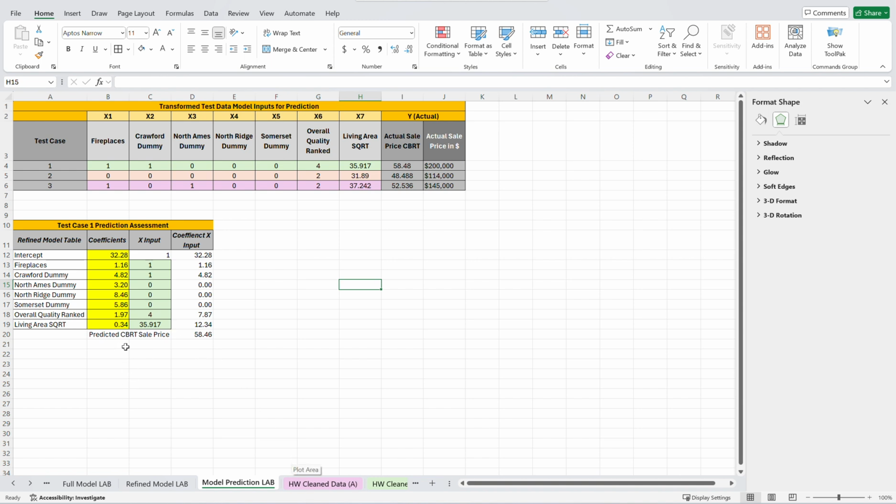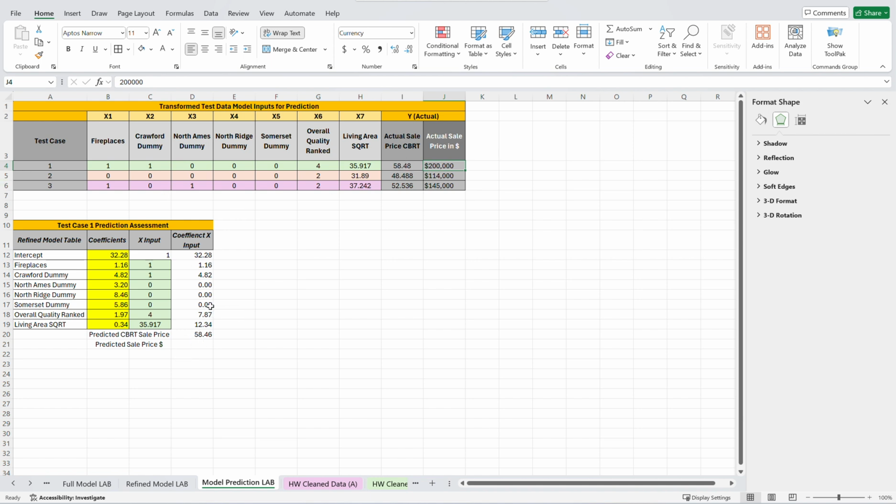The next thing we need to do is convert this prediction from cube root of sale price to the actual sale price. So we're going to put predicted sale price here in dollars. Again, we took the cube root, we raised every sale price value to the power of 1/3 to get the cube root.